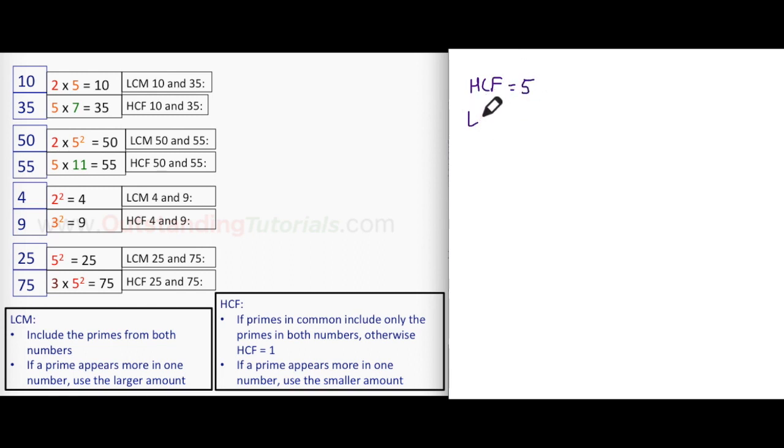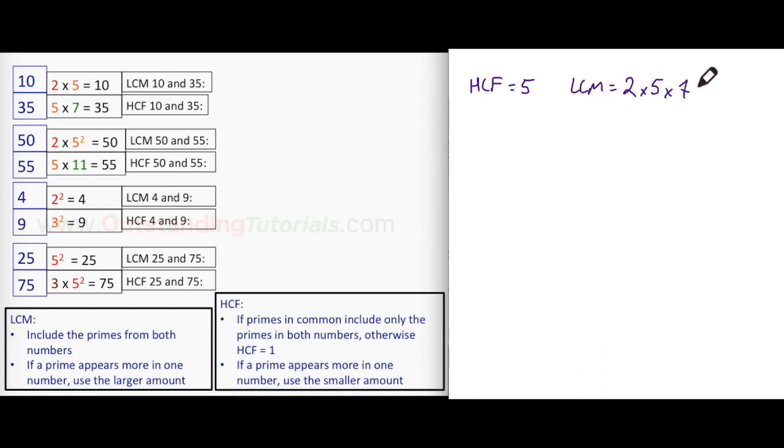The lowest common multiple, I think, is a bit trickier. So lowest common multiple will be all of the primes. It says here include the primes from both numbers. So I need to have a 2, a 5, and a 7.